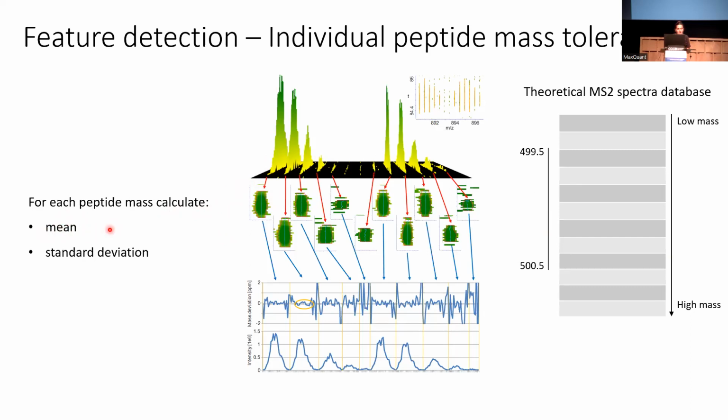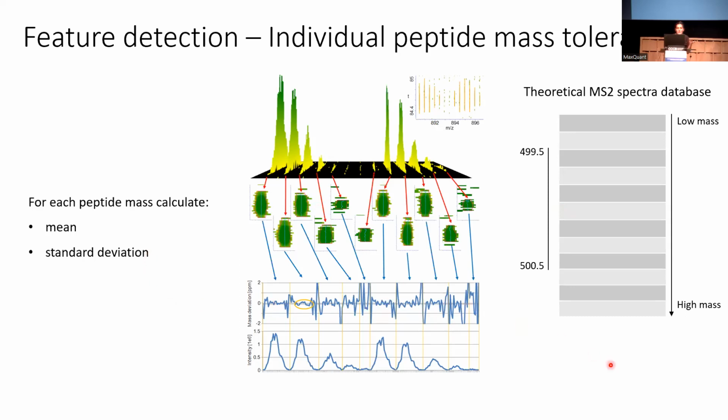For the mean, you're going to put the number of the mean in your sorted list of theoretical peptides. And then your tolerance, so how much up and down you will go from this mean, has to do with the standard deviation. And this is specific for each one of the peptides, which is great.